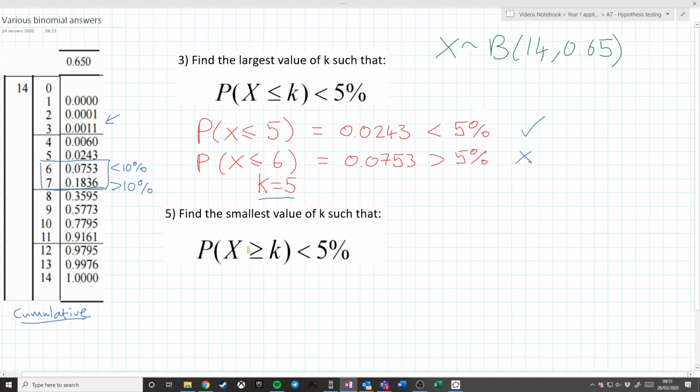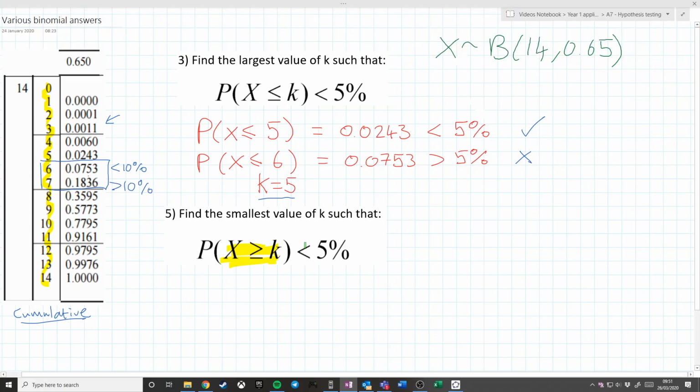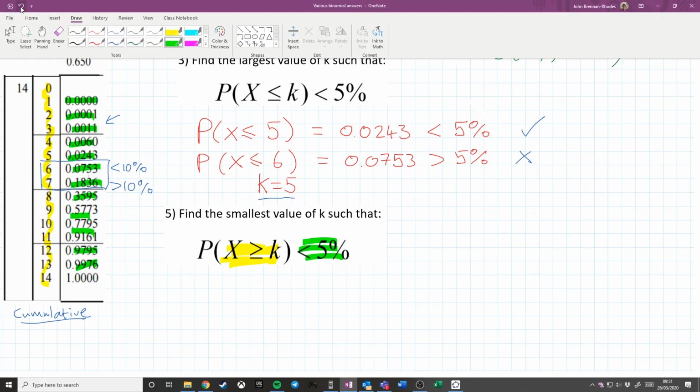Now, the real confusion here, the thing that people find difficult, is that we've got two inequalities happening in the same question, and that's kind of hard. Remember, this is talking about where we are on here, and this is to do with where we are in here, because it's the percentages.